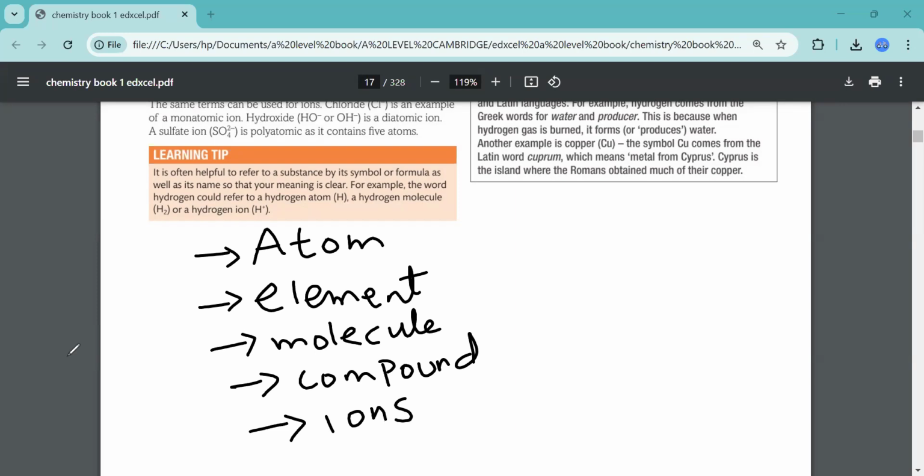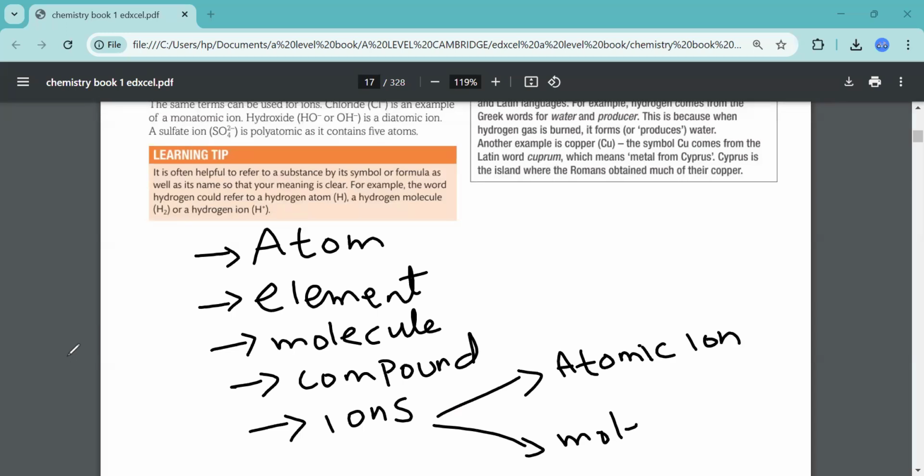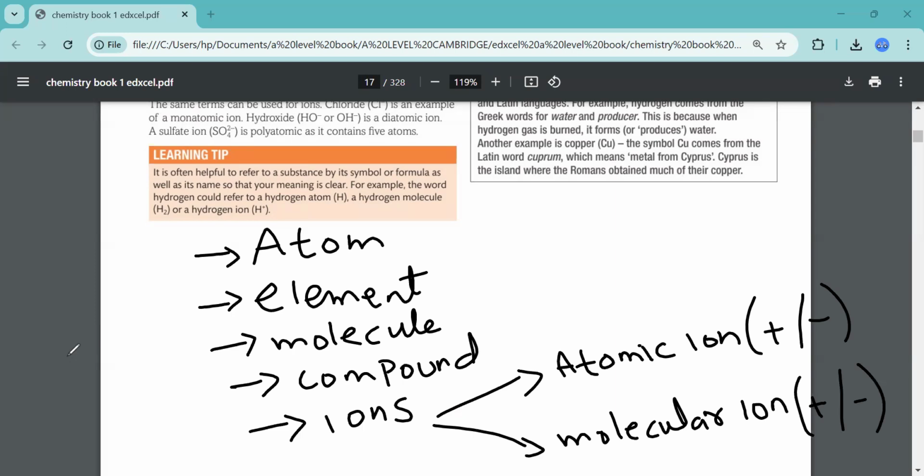We know that there are two kinds of ions, atomic ions and molecular ions. Remember, atomic ion means when the atom has a positive or negative charge. Molecular ion means when a molecule has a positive or negative charge. The charge may be positive or negative. If positive, we call it a cation. If negative, we call it an anion.